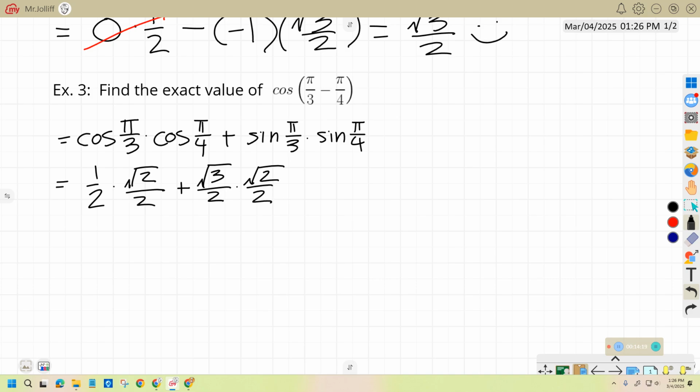So far, so good? And then 1 times square root 2 equals square root 2 plus square root 3 times square root 2 equals square root 6, all over 4. As two separate fractions or as a single fraction, because the denominator is the same. I agree. Very good.